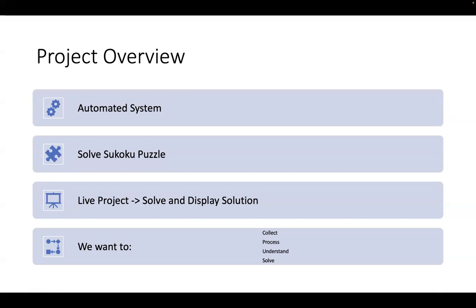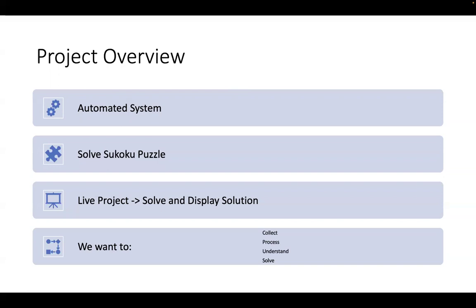First, let's take a look at the project overview. So the general idea is what I'm going to go through with this. In the beginning, my initial aim was to make an automated system that can essentially solve a Sudoku puzzle.